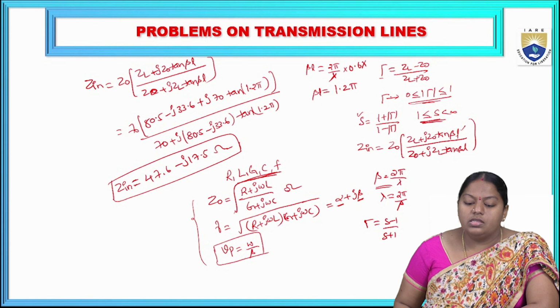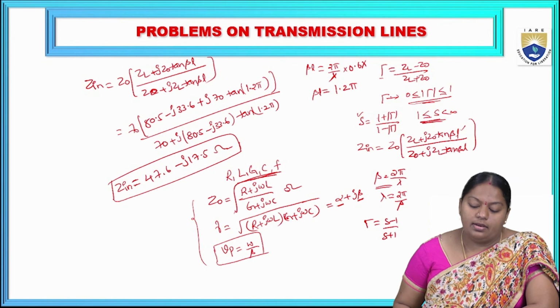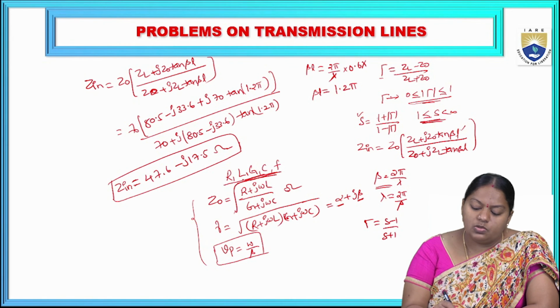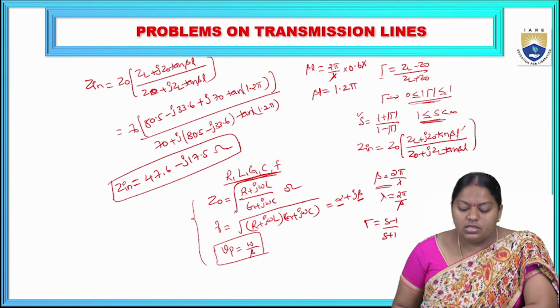So to solve all the problems based upon the transmission line, we will use all the fundamental formulas related to transmission lines, including all the primary constants and the secondary constants of a transmission line. The primary constants of a transmission line are resistance, inductance, conductance and capacitance, and Z0 and gamma are said to be secondary constants of a transmission line.